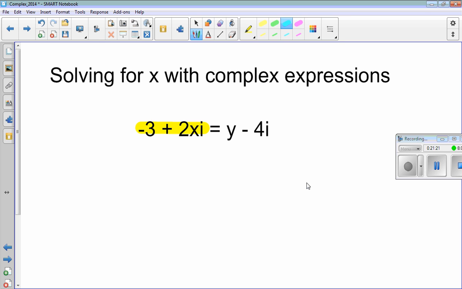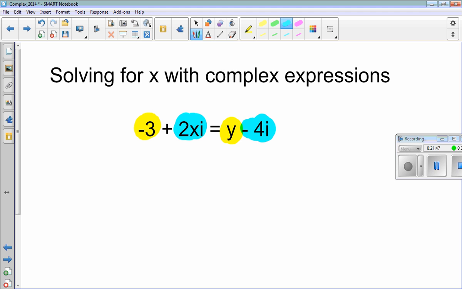What we need to do here is we have the equation of complex numbers. We need to look at what is imaginary and what is real. So I'm going to highlight the real parts in one color, and I'm going to highlight the imaginary parts in another color.